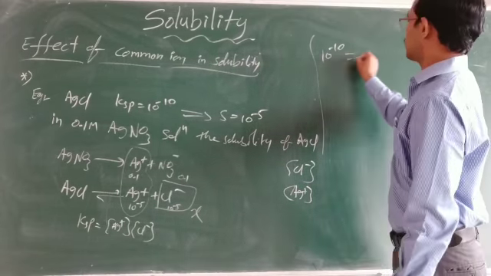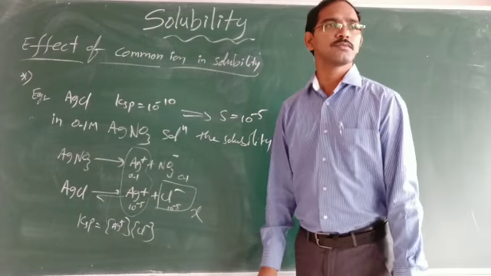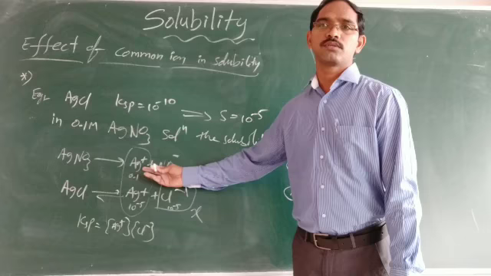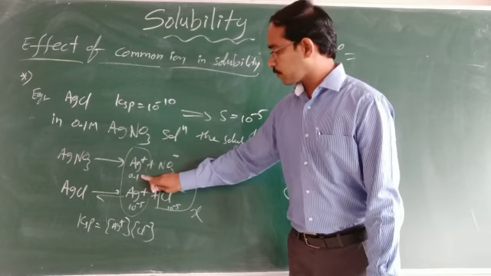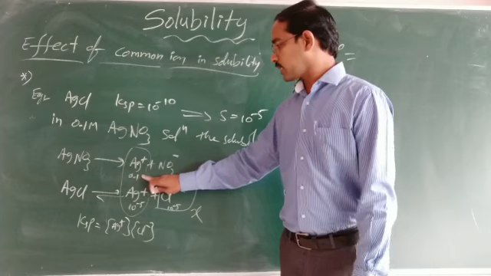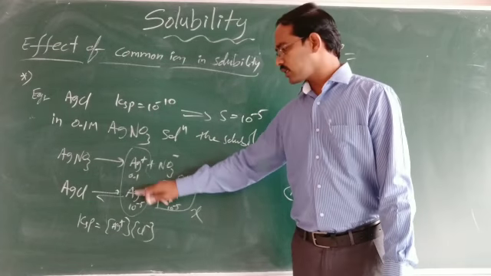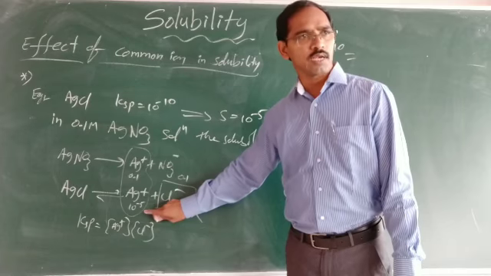Now, which Ag plus concentration do I have to take? Which is the larger amount? Generally, 0.1 plus 10 power minus 5. It is 10 power minus 1 and 10 power minus 5. So much variation is there. In that case, I can neglect this value.